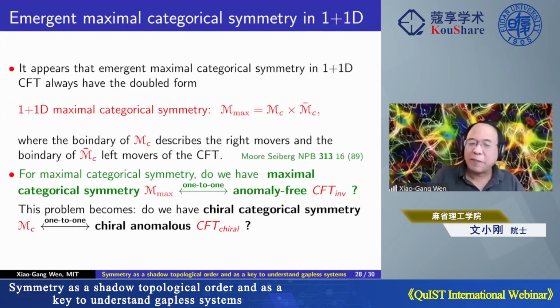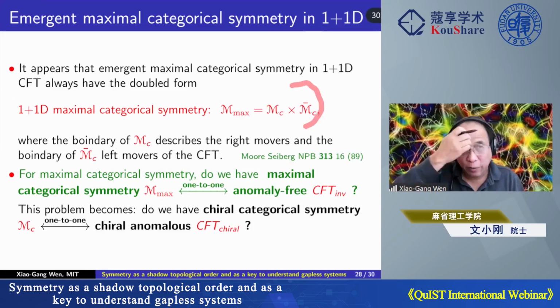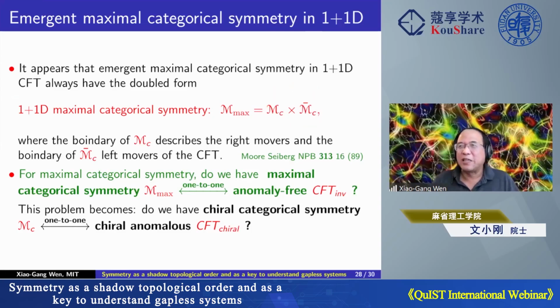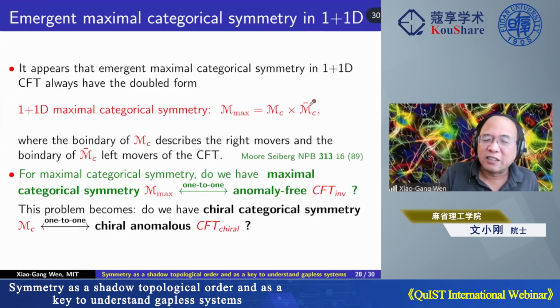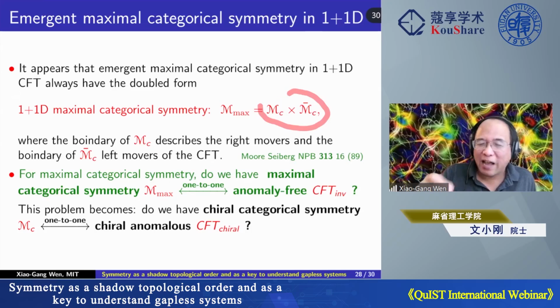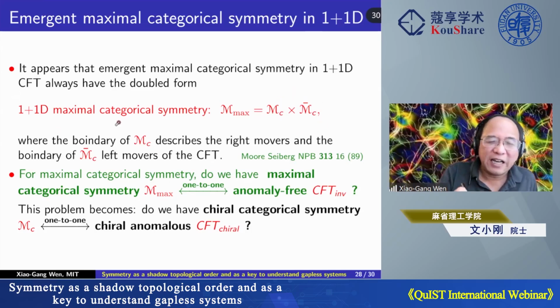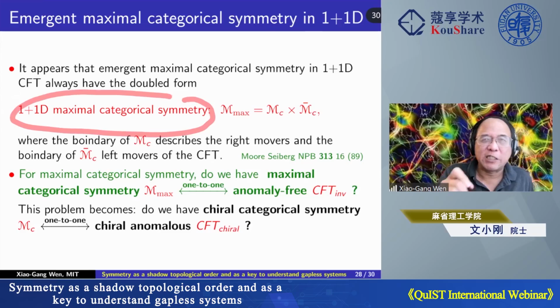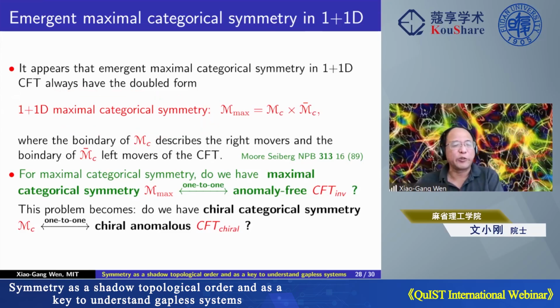In their paper, Moore and Seiberg talk about some naturalness of rational CFT, and this diagonal combination of the holomorphic one seems to play a natural role here. So the message here is that this diagonal one seems to have a special meaning as the maximum categorical symmetry.